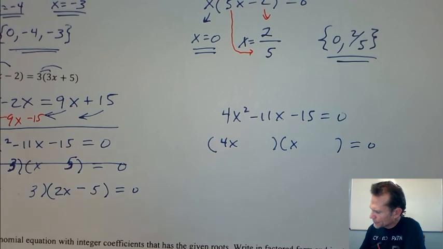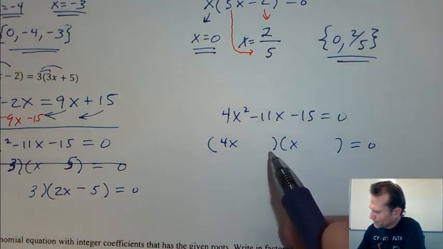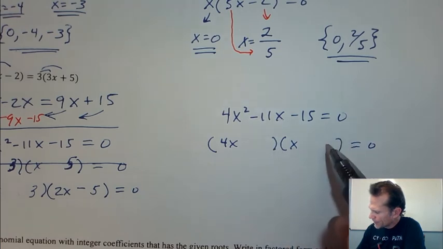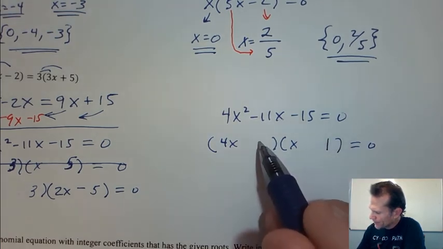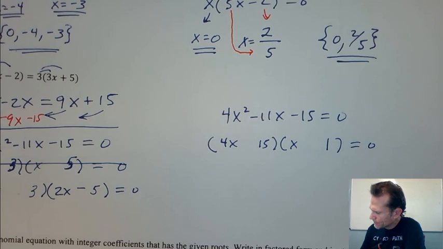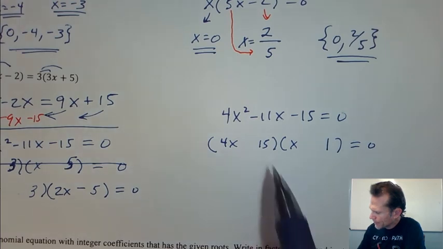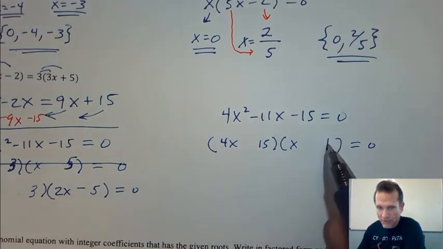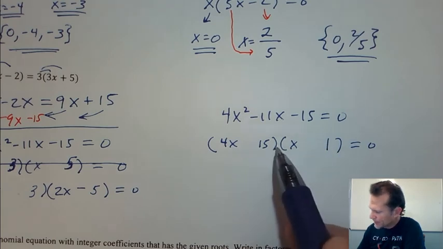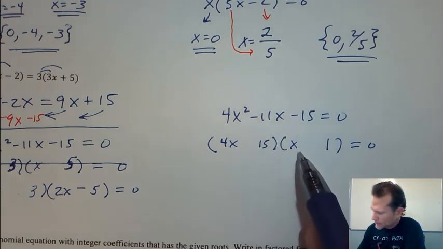I don't think I tried 1 here and 15 here. Let's try that. If I try a 1 here and a 15 here, okay, that's going to give me 4x on the outside, and that's going to give me 15x. This is going to work.